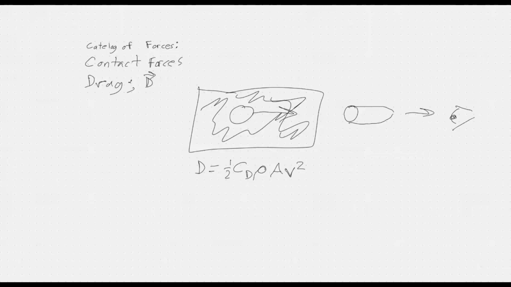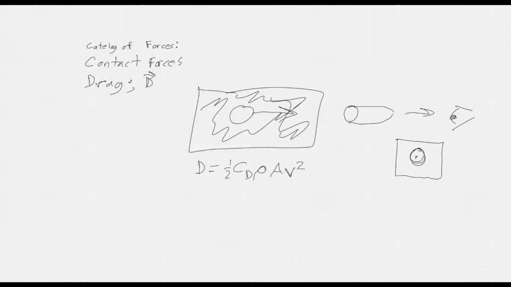What we're seeing then is the cross-sectional area. So this is on a plane of that the object takes up perpendicular to its direction of travel. It's now traveling out of the page.